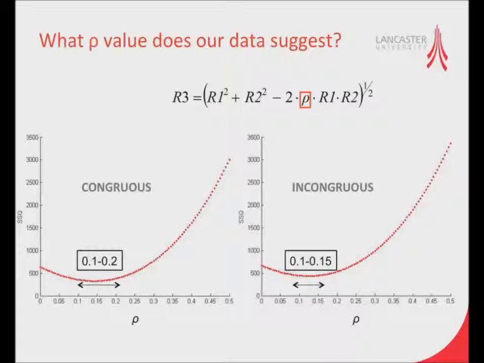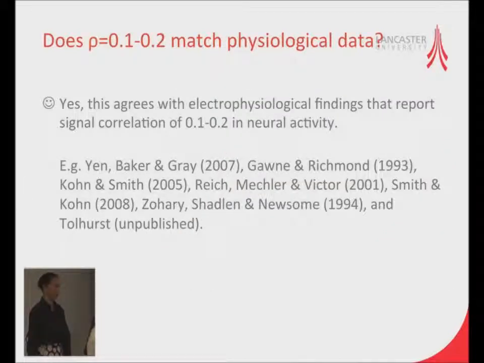So these experiments seem to suggest that whenever we look at feature integration, the features seem to correlate a bit. Now, does a correlation of 0.1 to 0.2 match physiological data? If you took a cat, presented it with natural stimuli and measured the activity of its cells, how would the cells correlate if you presented them with color change versus shape change?